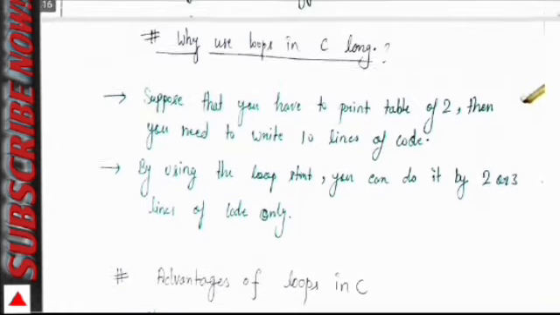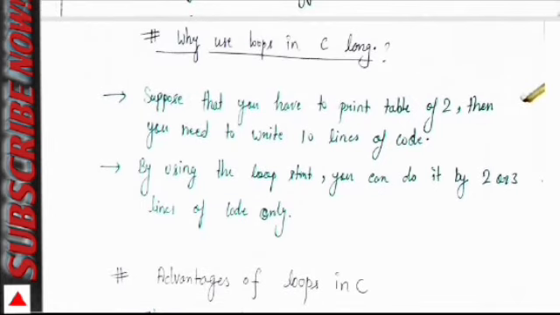Now come to the point of why we use loops in C language. Here are multiple points. First important point, suppose you have to print the table of 2, then you need to write 10 lines of code. By using a loop statement, you can do it in 2 or 3 lines of code.